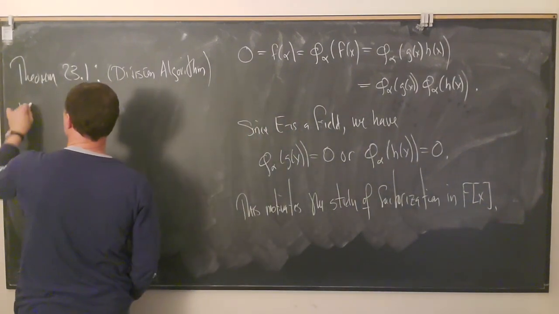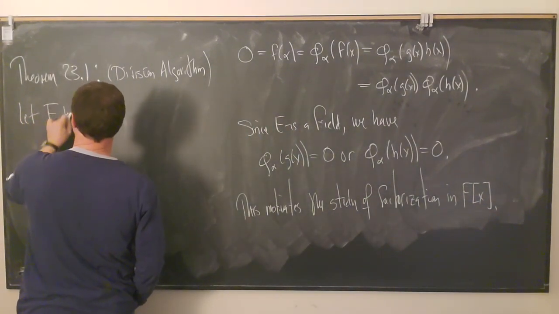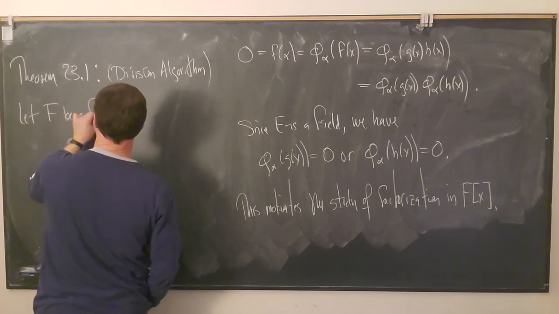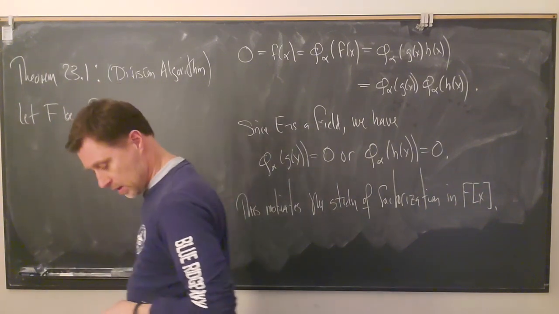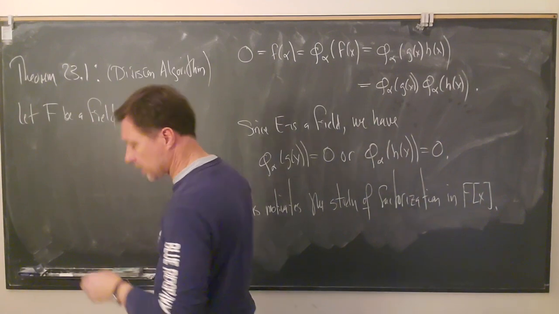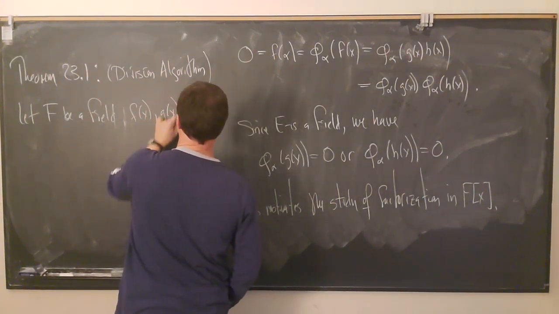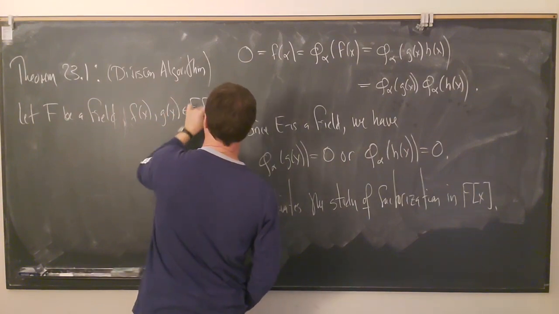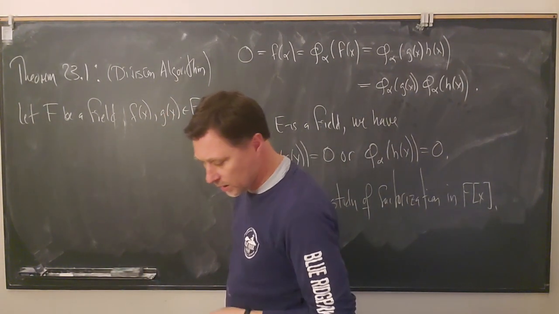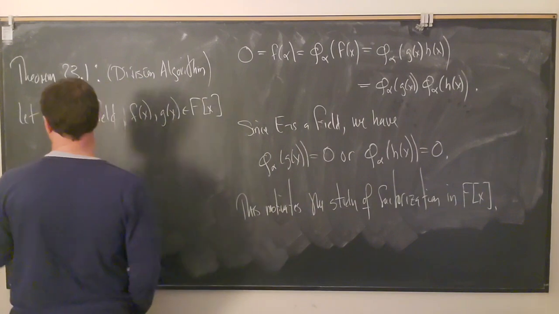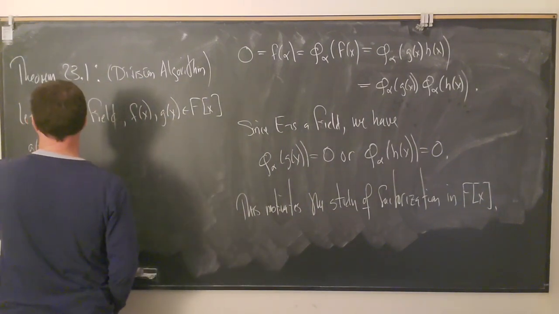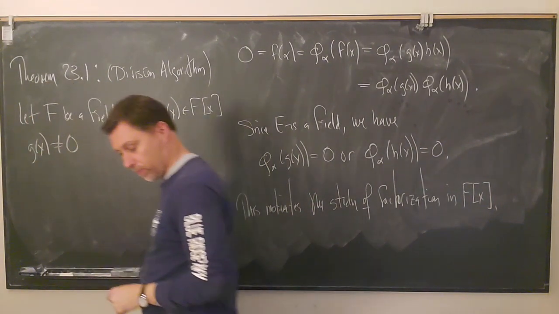It goes like this: let F be a field, and then I need a couple of polynomials, f of x and g of x in F bracket x, where g of x is non-zero.